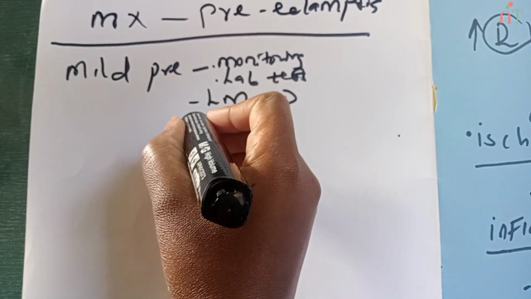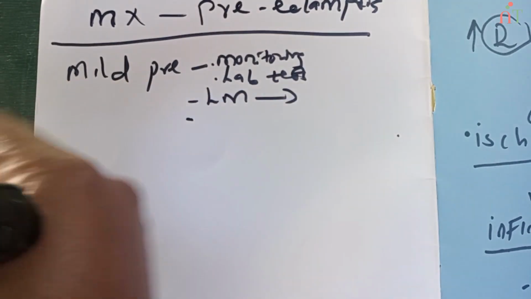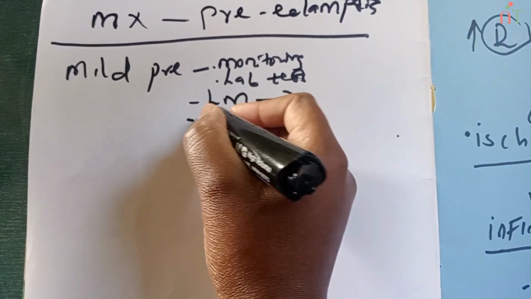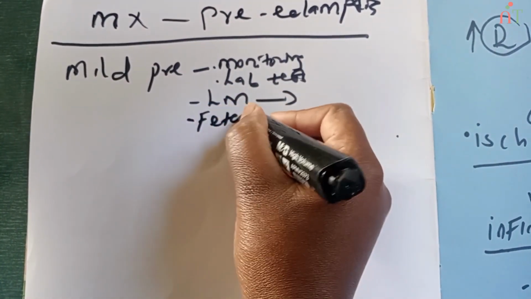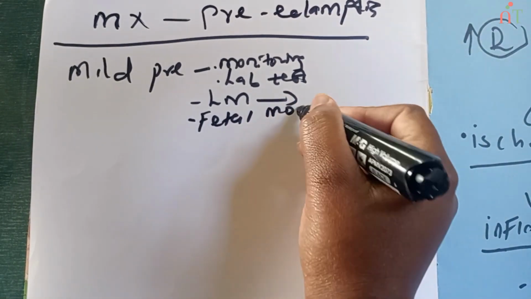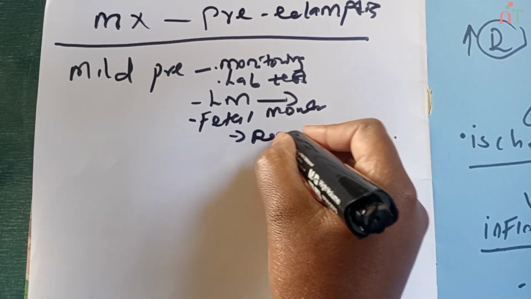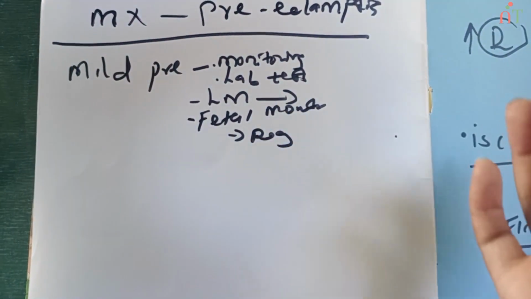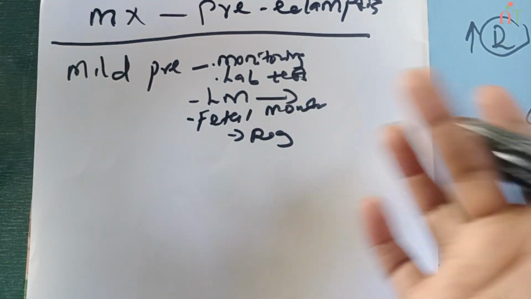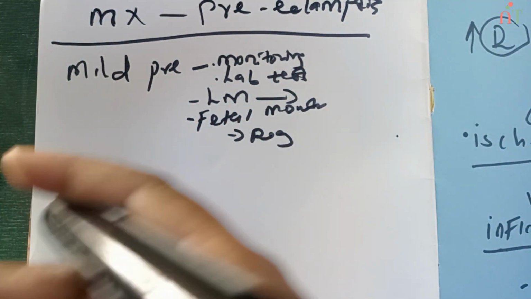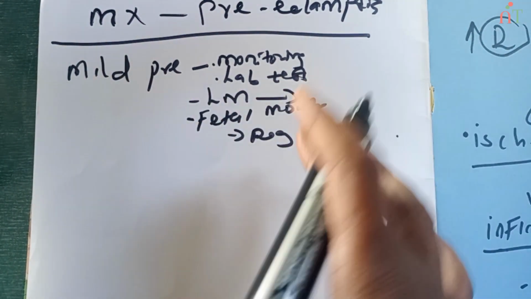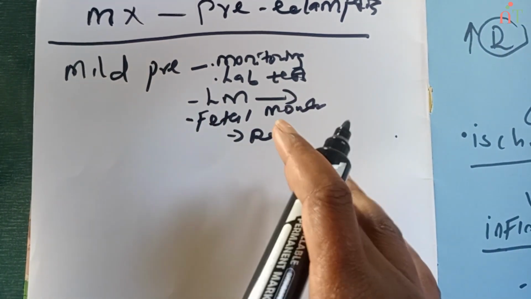Another thing that you're supposed to do in a person with mild preeclampsia is fetal monitoring. Make sure that you are doing regular ultrasounds to assess fetal growth and amniotic fluid levels, and also the NSTs, or non-stress tests, to monitor fetal well-being. It is very important.